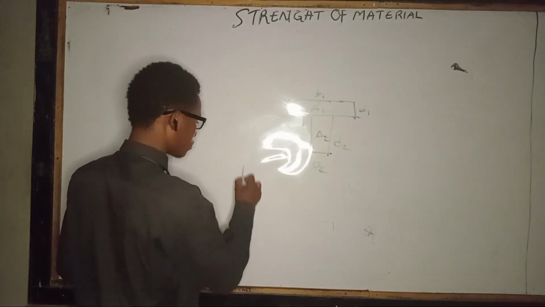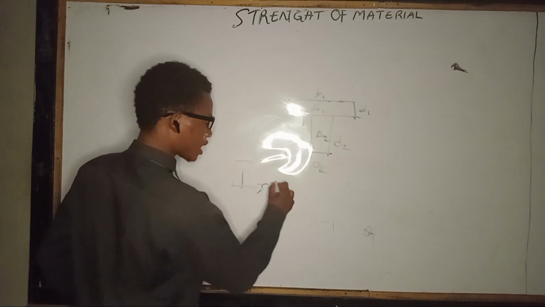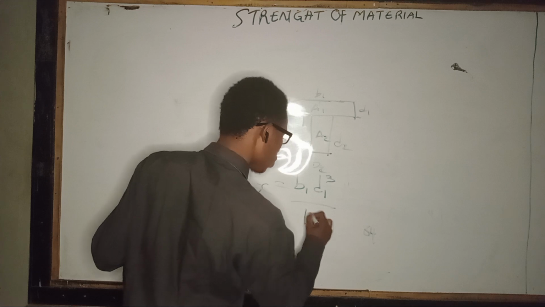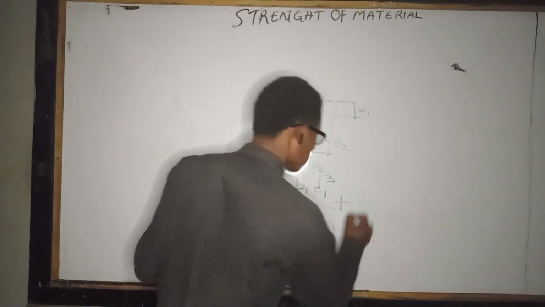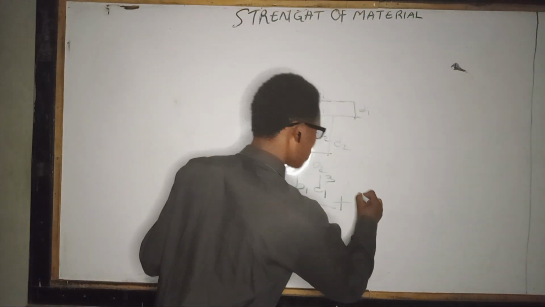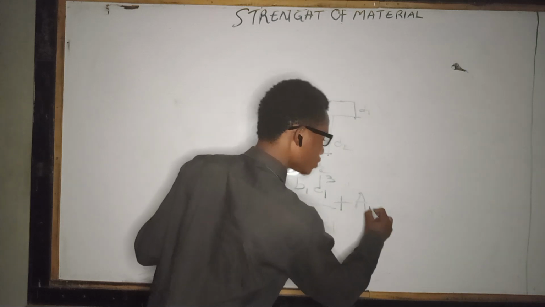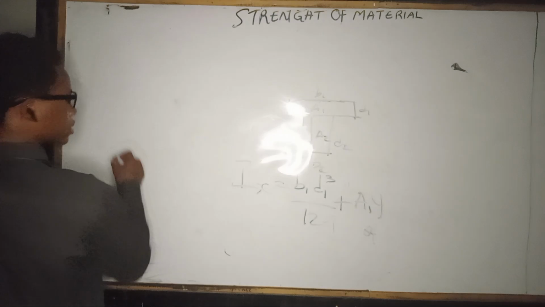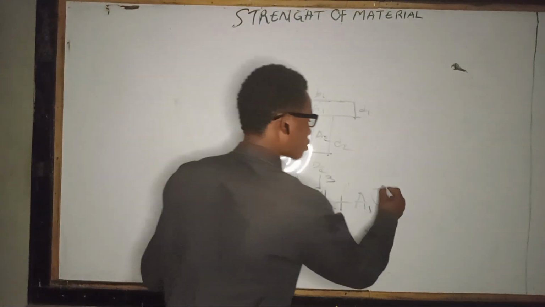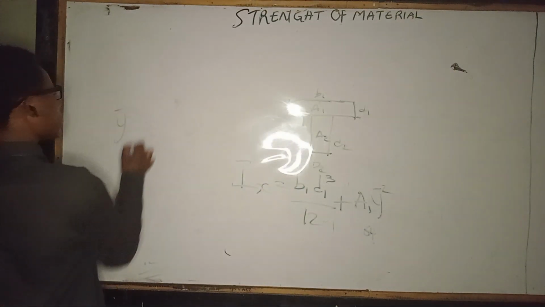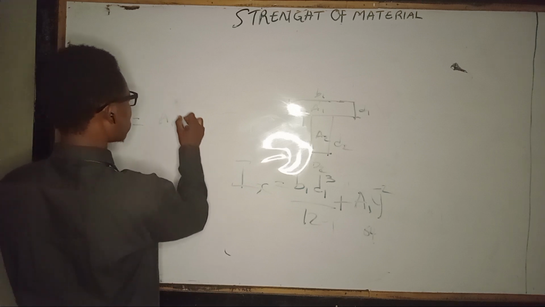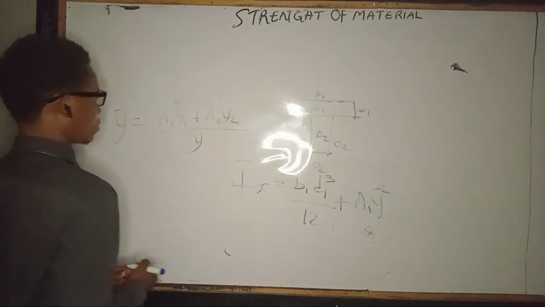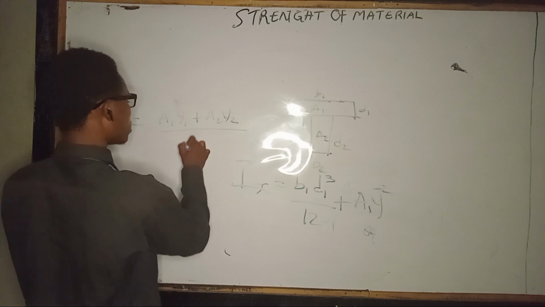So the moment of inertia about the x-axis is given by b1 d1 cube over 12 plus a1, which is the area of the first one, times y bar square, that's what it's given as, and y bar is given as a1 y1 plus a2 y2 all over the total area, a1 plus a2.